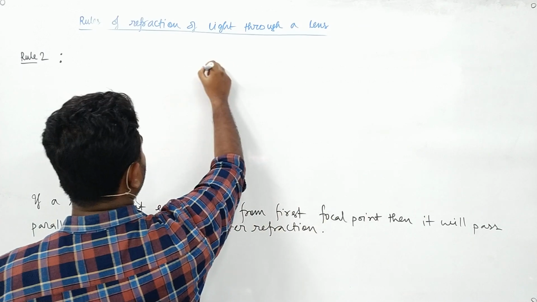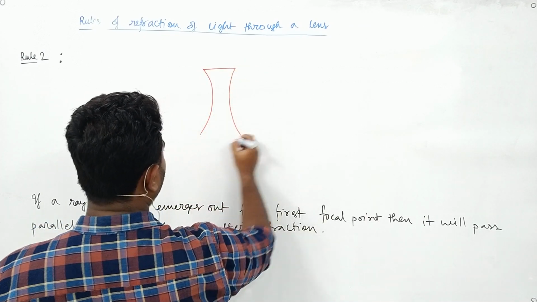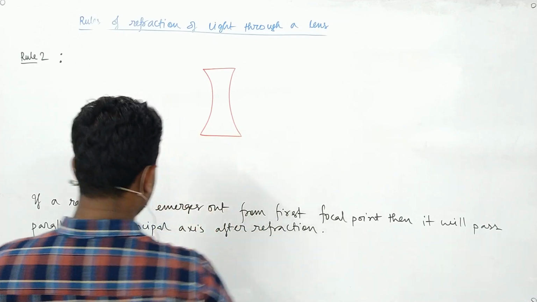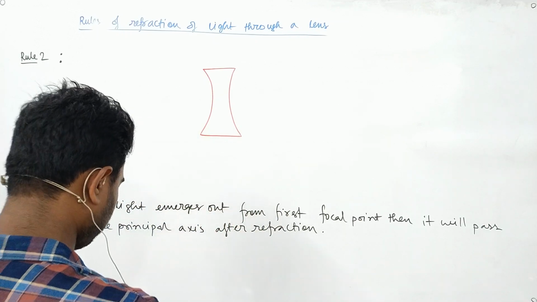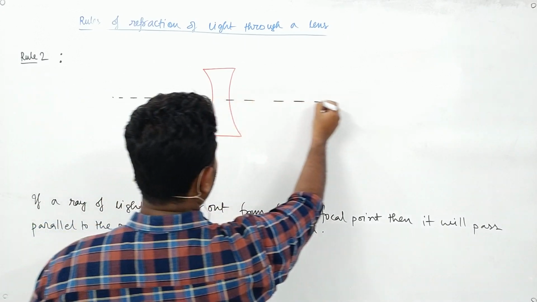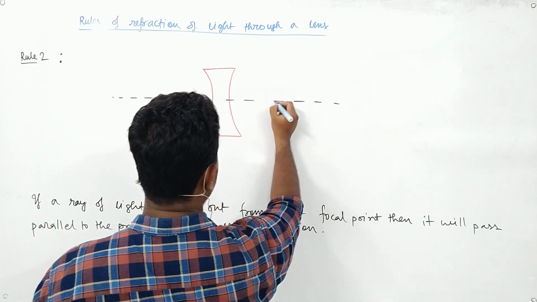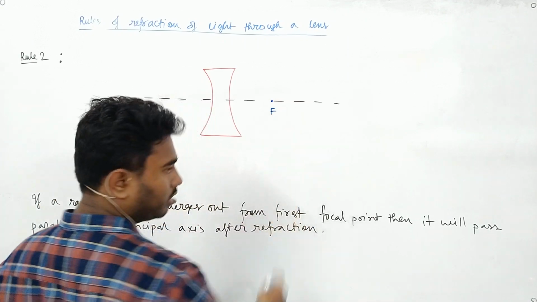Suppose I am replacing this one with a concave lens. Okay, now in case of a concave lens, the first focal point is here. Okay, this is the first focal point.